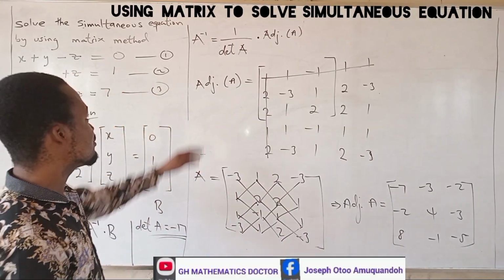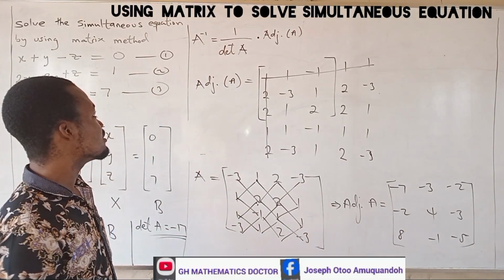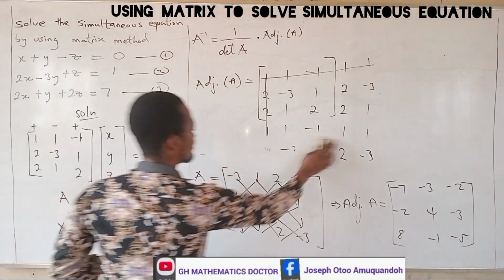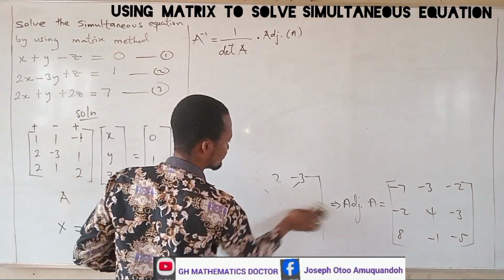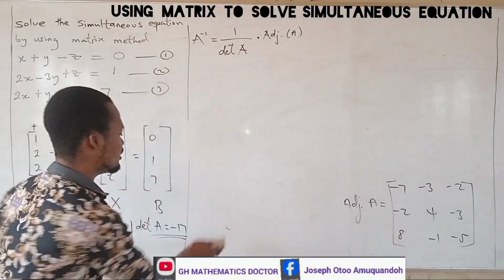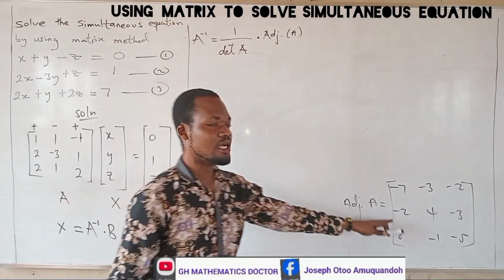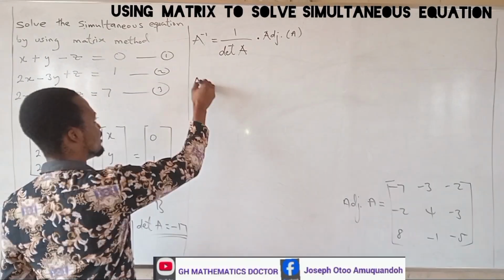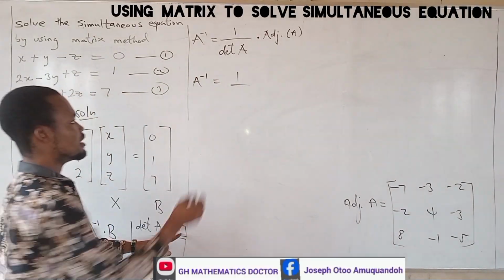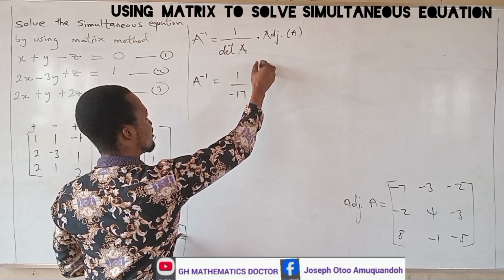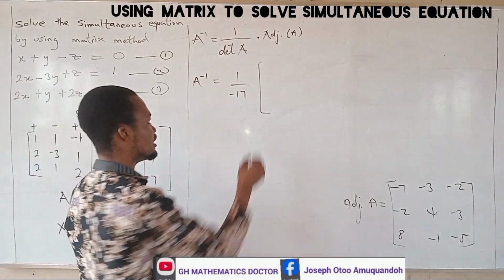All right, now let's go about the inverse. So creating a space. You can see I have my determinant here, I have my adjoint here. So my A inverse is given by the formula 1 over the determinant, which is negative 17, multiplied by the adjoint, and the adjoint is there.